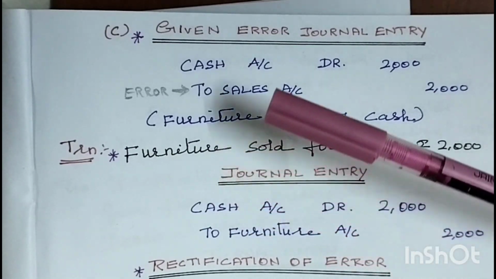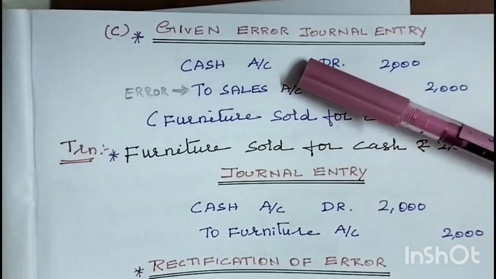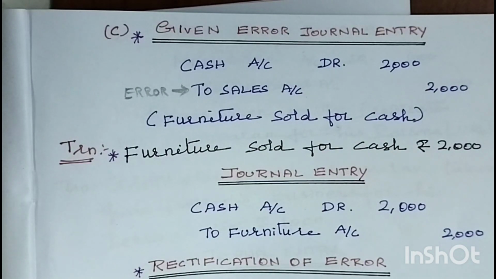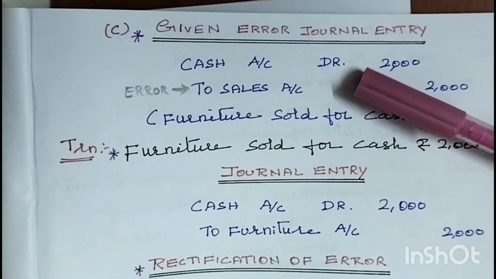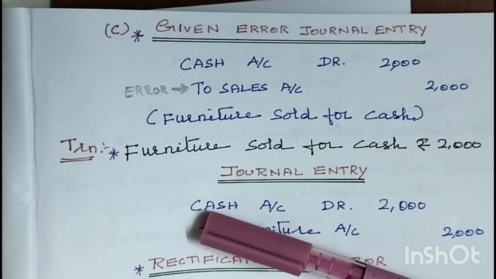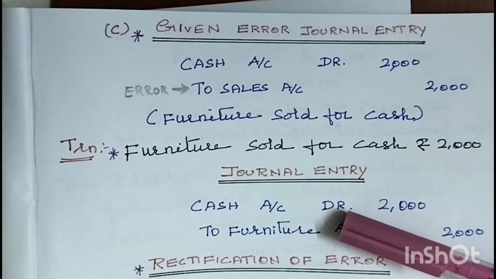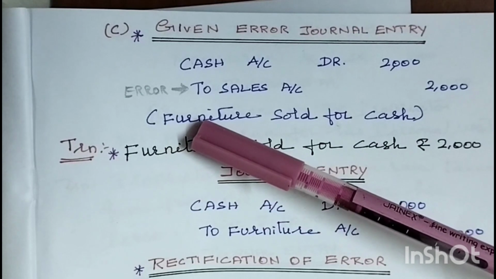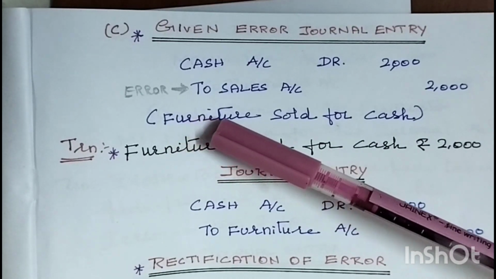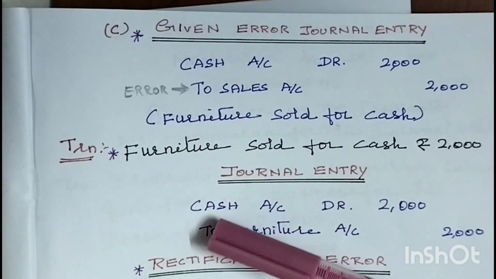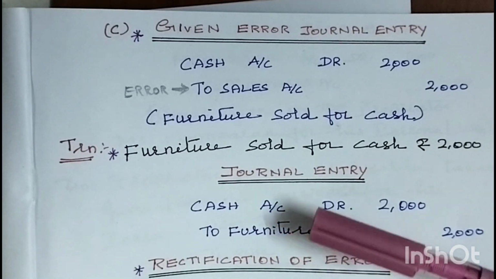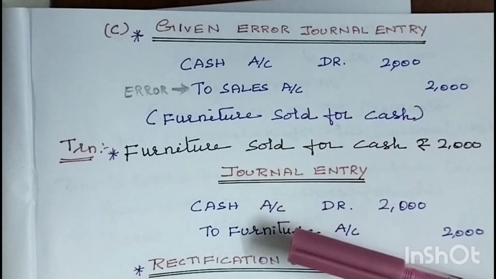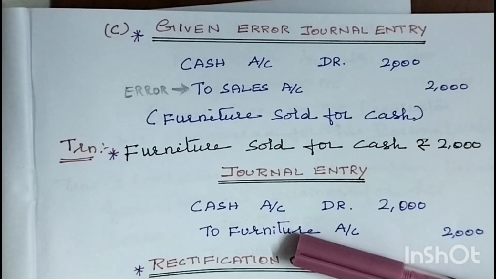We compare both journal entries, and then only we can find out the error.